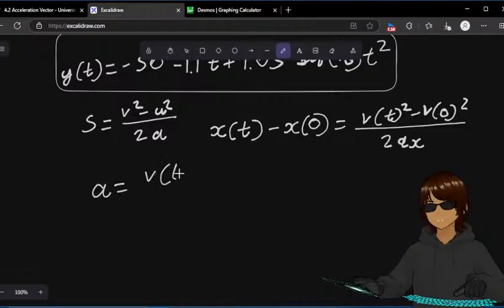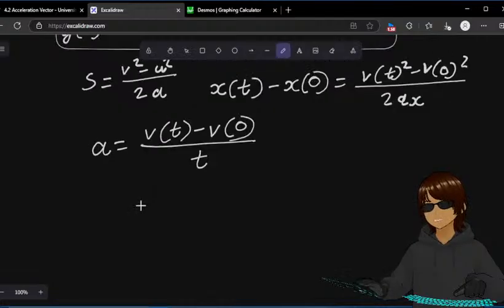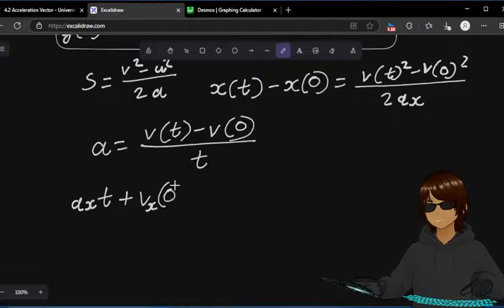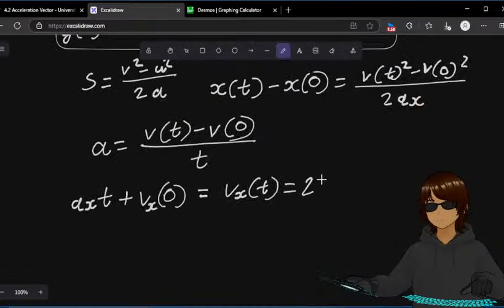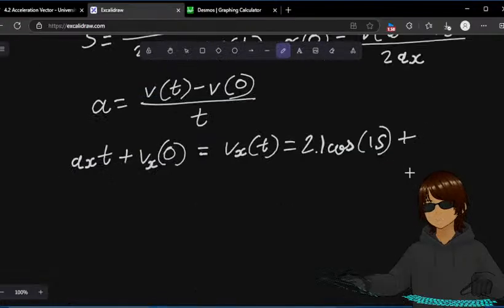Since the acceleration is constant, we can do this: vt minus v0 over t equals acceleration. So in the x direction, plus v0 in the x direction gives you v in the x direction, which is 2.1 cos 15 t plus 4.1.